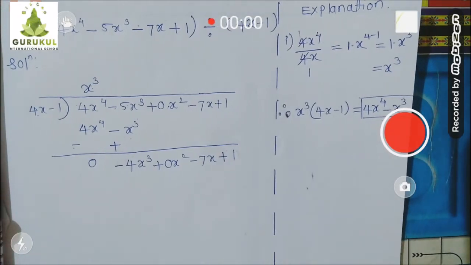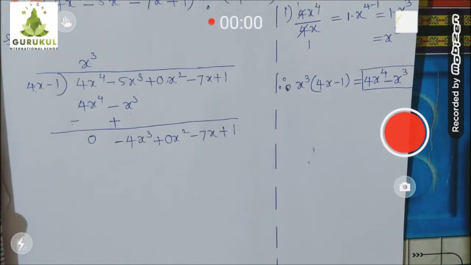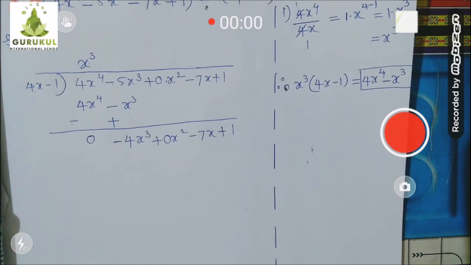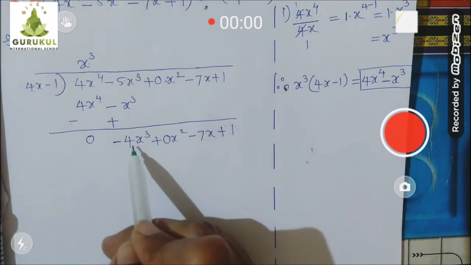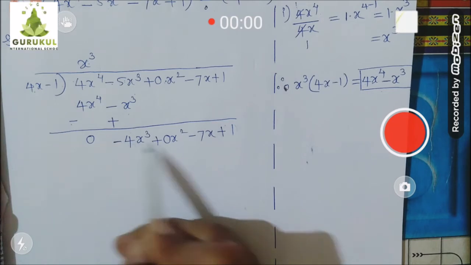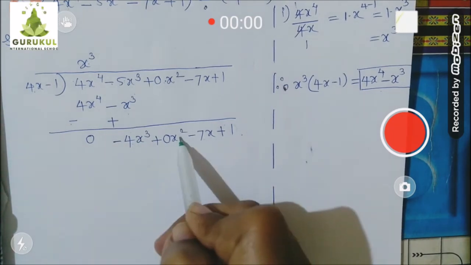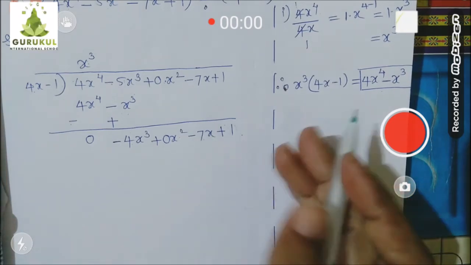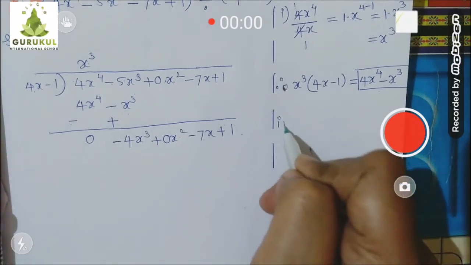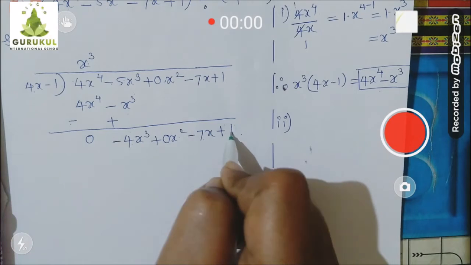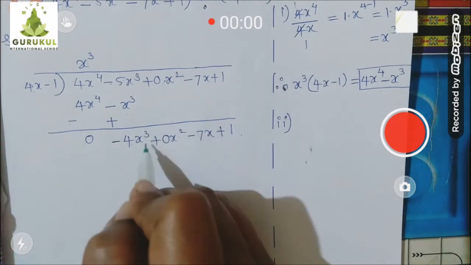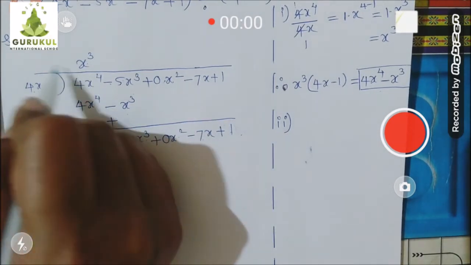Okay, so here the first step is over. Now we will go for the second step. Again children, check whether this is arranged in descending order of power. Yes, x raised to 3, x raised to 2, x raised to 1, x raised to 0. So this is already arranged in descending order of power. The degree of the remainder polynomial is 3 and the degree of the divisor is 1.